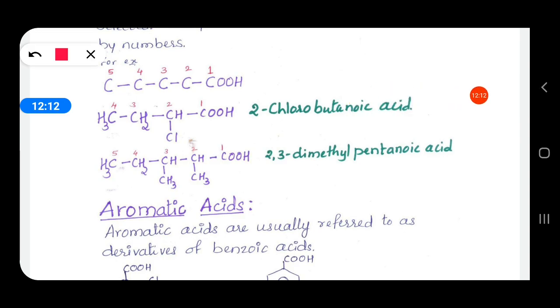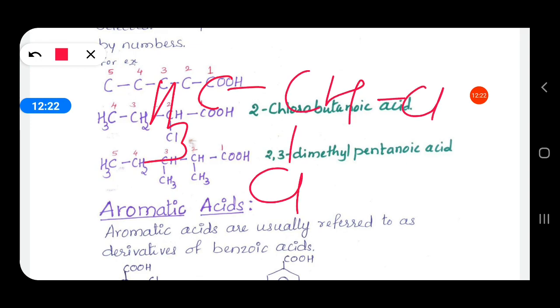Suppose different substituents are present. So for example, CH3, CHCl, CH3 and COOH.